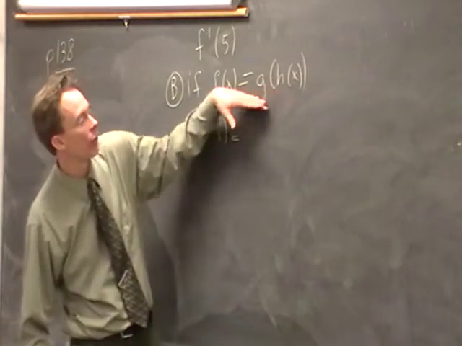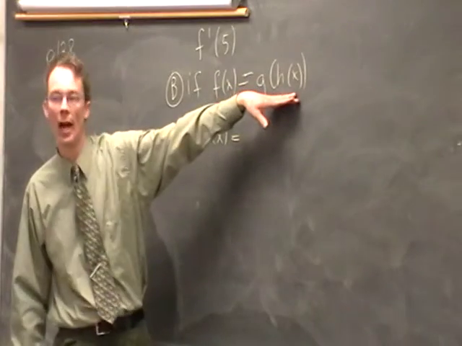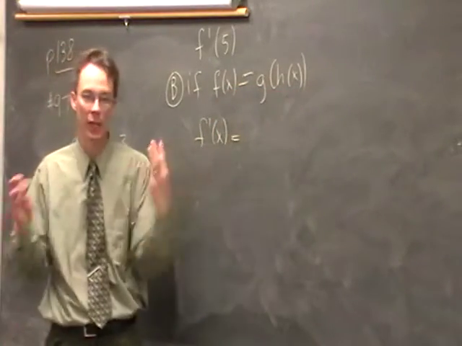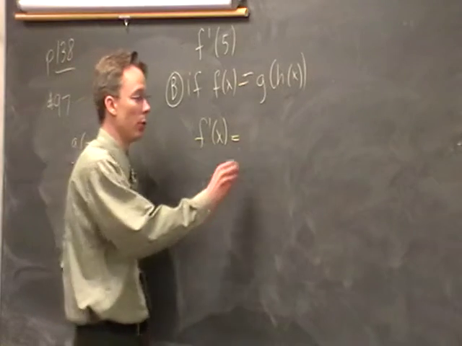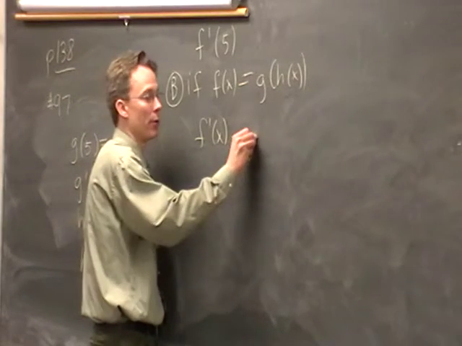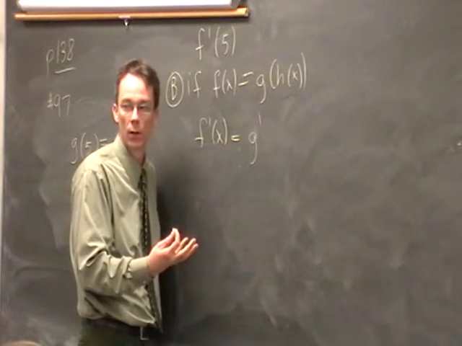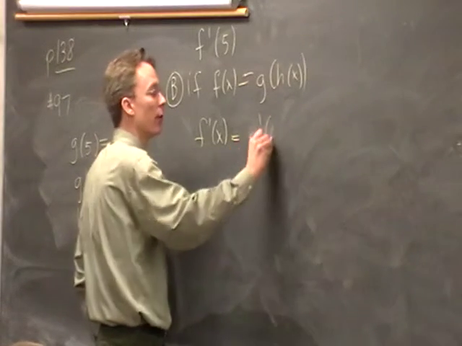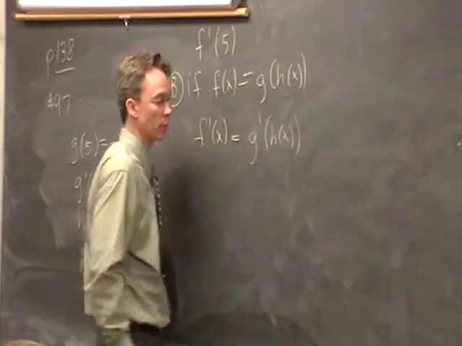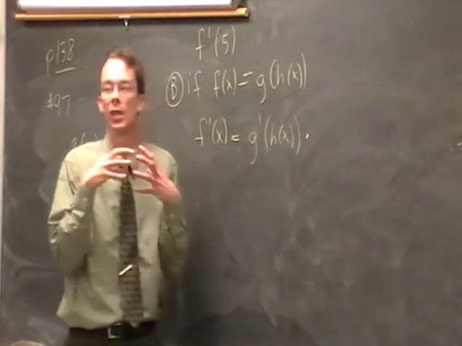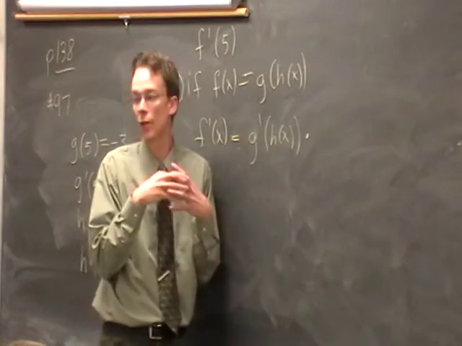So, as it's defined, what would be our outer function? G is the outer function, h is the inner function. So we literally have outer prime, so that would be g prime of the inner function h of x. Then you've got a chain on the derivative of the inside. In this case, that's going to be h prime.